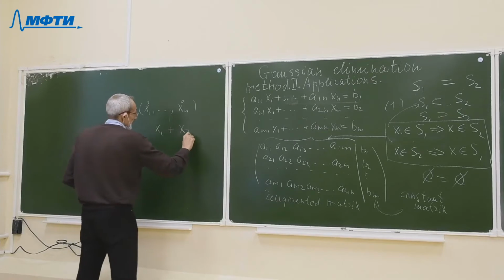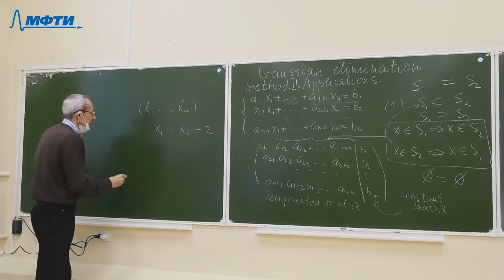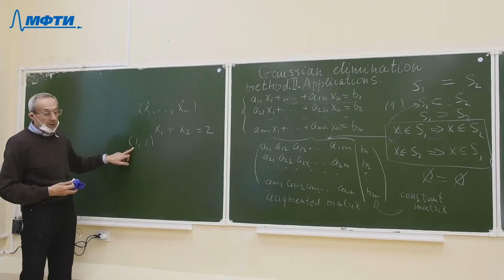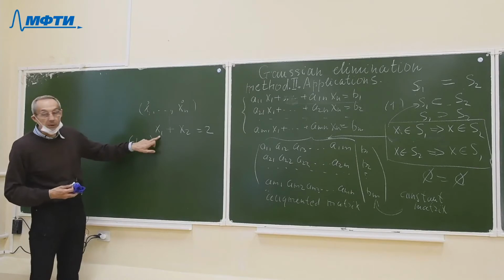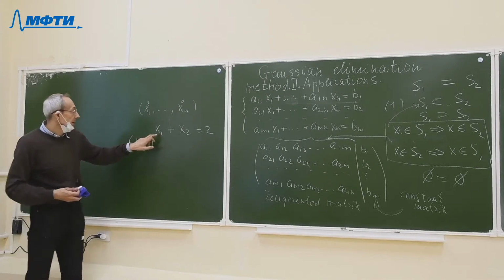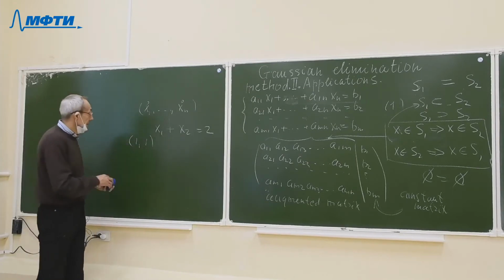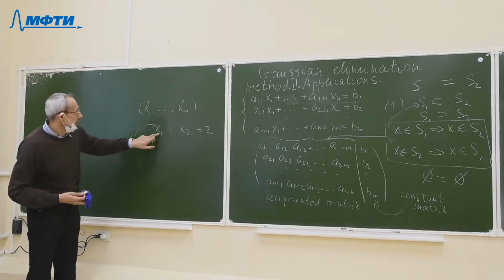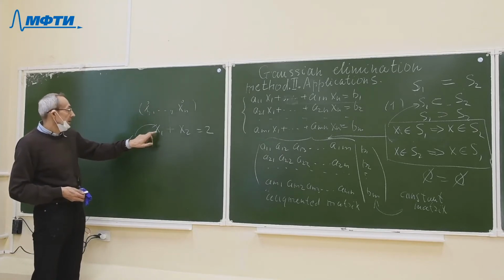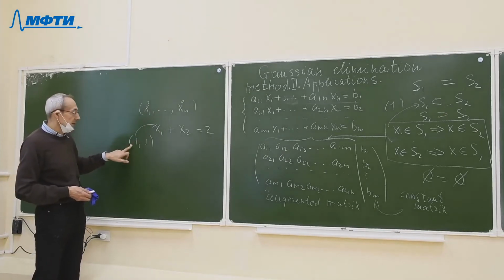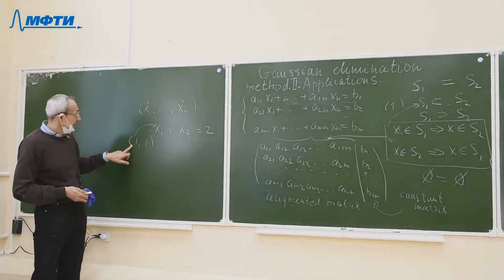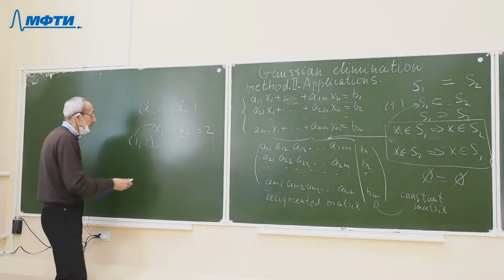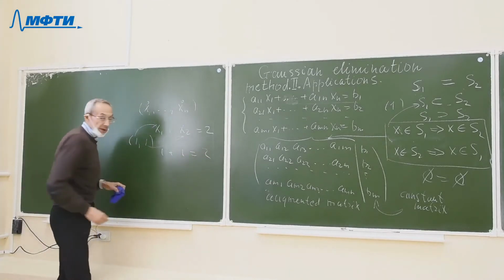x1 plus x2 is equal to... We can consider, for example, the two-tuple (1, 1), and if you substitute this tuple in this equation, we put the first unknown x1 equal to the first element of the two-tuple, and the second equal to the second element, and we obtain the identity.